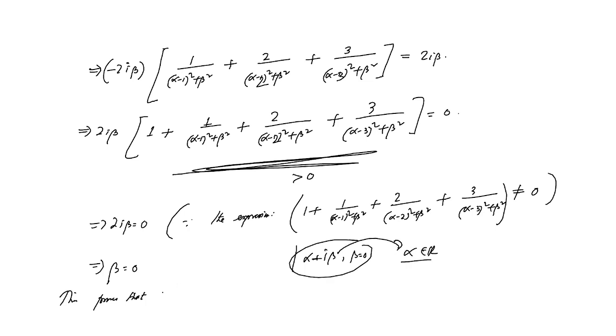So this proves that the equation cannot have a root alpha plus i beta where beta is non-zero. Or in other words, all roots of the equation 1 are real.